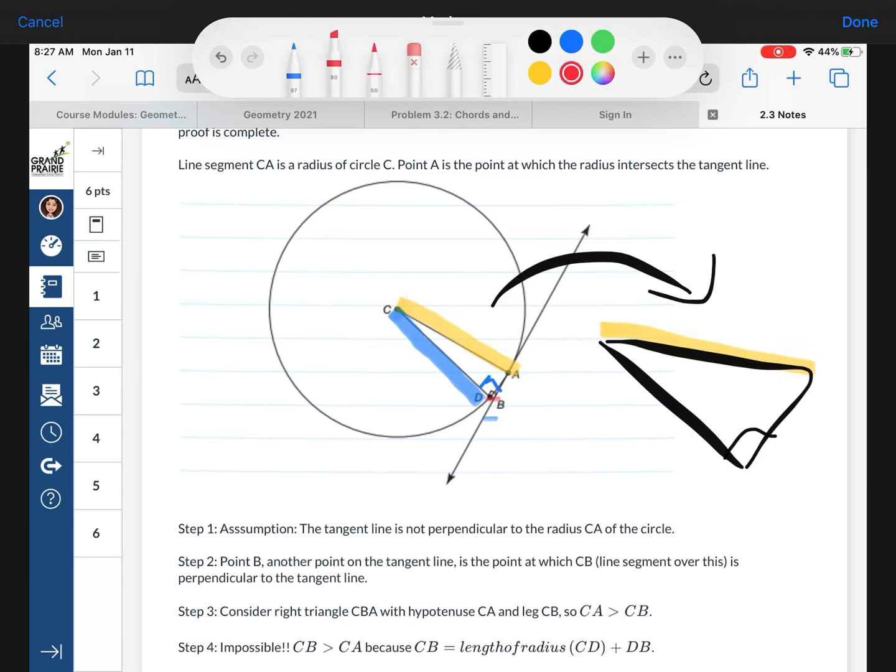Tiny little space, which proves that actually the blue line is bigger than the yellow line. And so therefore the blue line has to be the hypotenuse. And so therefore that right angle cannot be there. It has to be on the side where I told you it needed to be earlier. So this right angle has to be there instead because the blue side has to be longer.